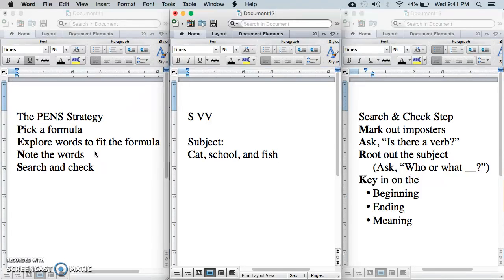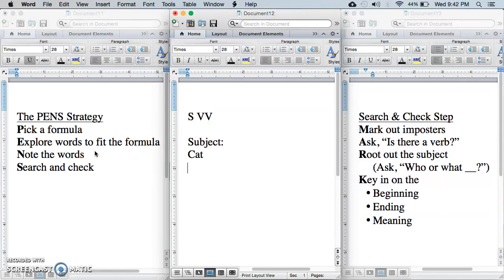Great, now that we have explored some subjects to fit our formula, let's pick one to focus on to help us know what verbs to explore. Let's focus on the subject cat. We must remember that the two verbs we pick, the subject has to be able to do both those verbs.